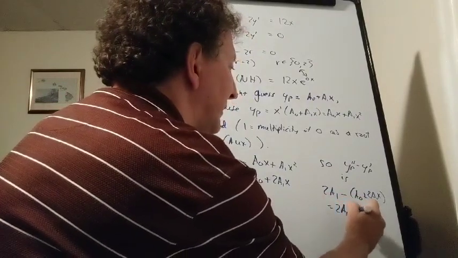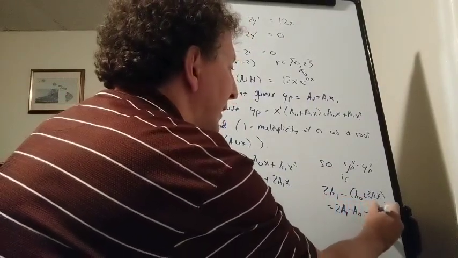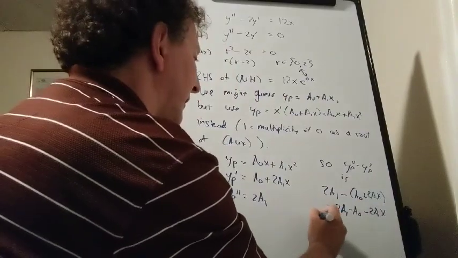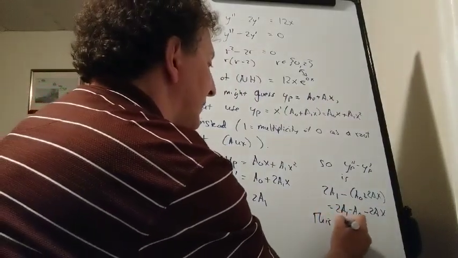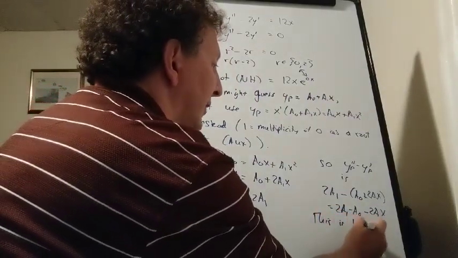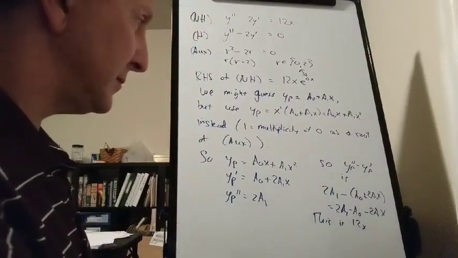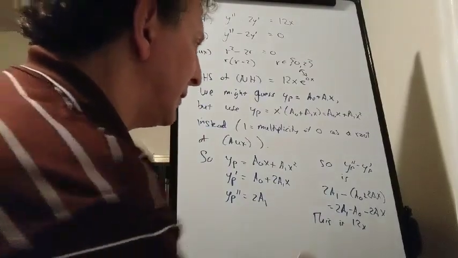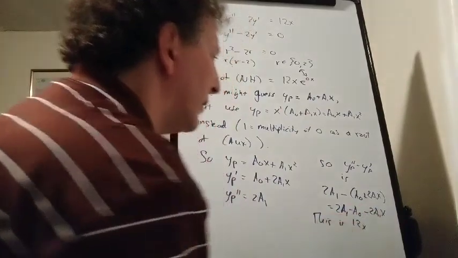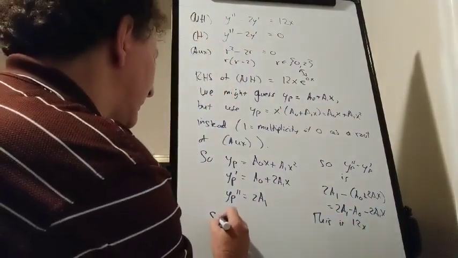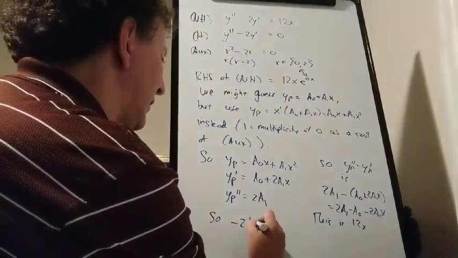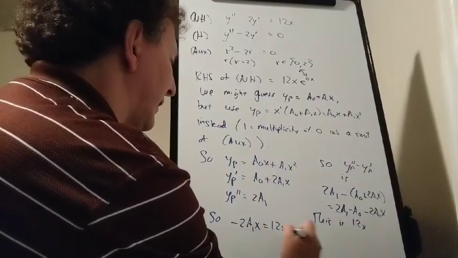So 2a1 minus 2a naught minus 4a1x, and this is 12x.